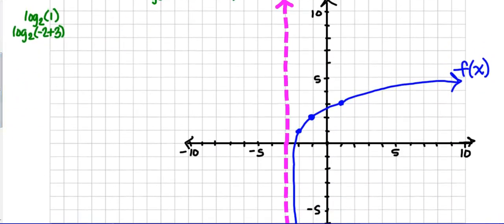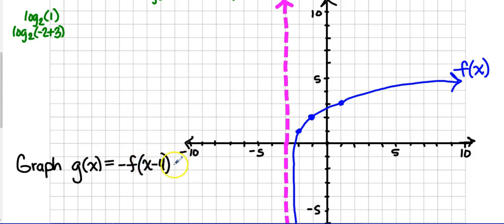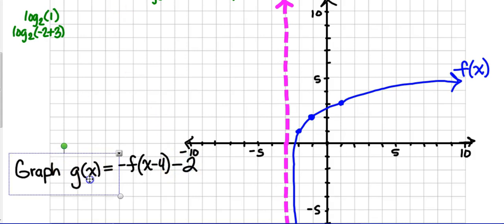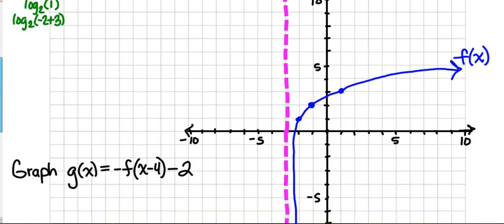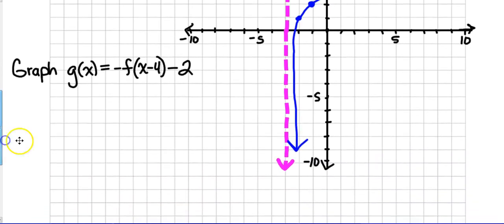So the directions now say graph g of x equals negative f of x minus 4 minus 2. I kind of put that a little close. Let me move it down. Negative f of x minus 4 minus 2.